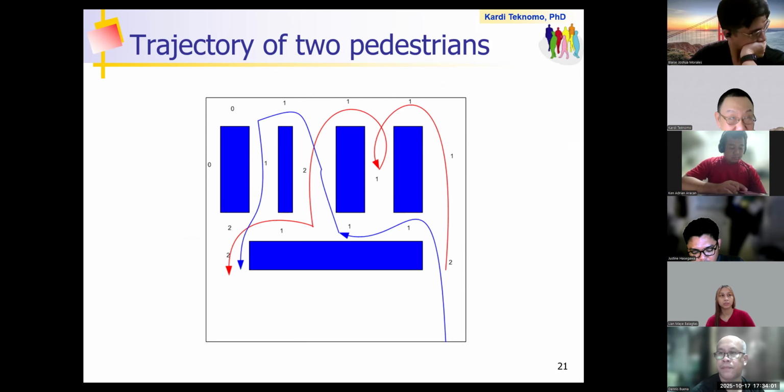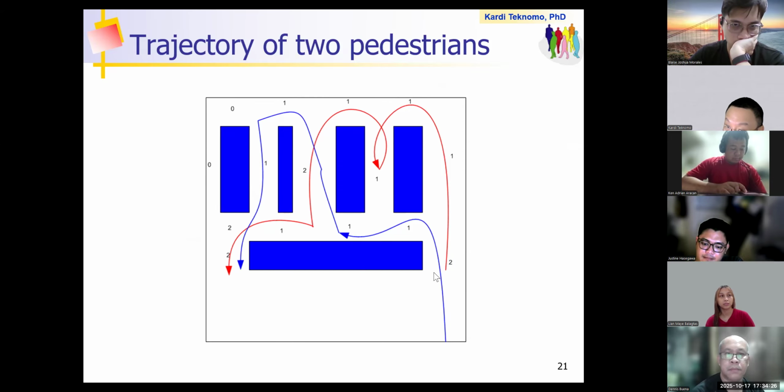Maybe in 2009, I forgot, I asked one of my students to create a mobile phone application to record the stalking behavior. So let's imagine these are two pedestrian trajectories based on the questionnaire survey.